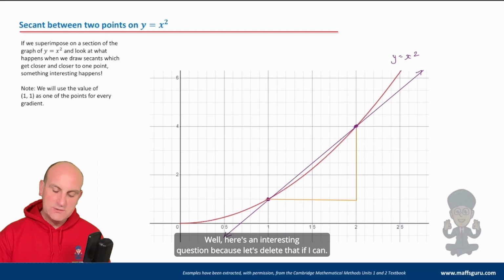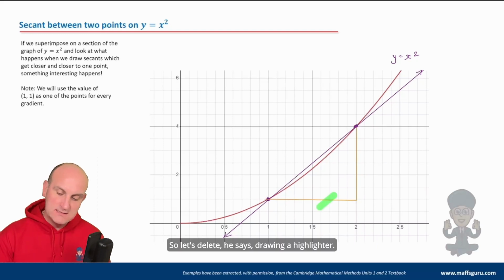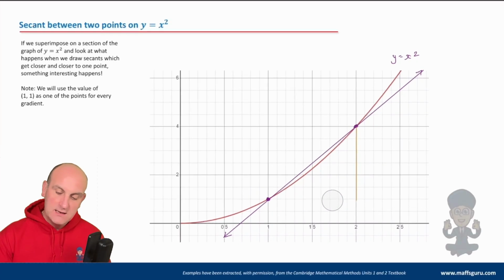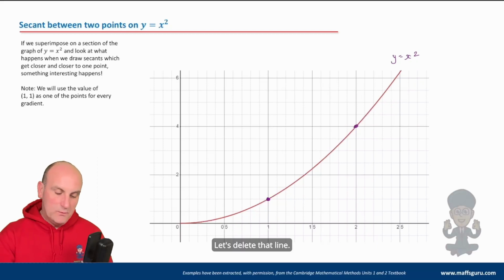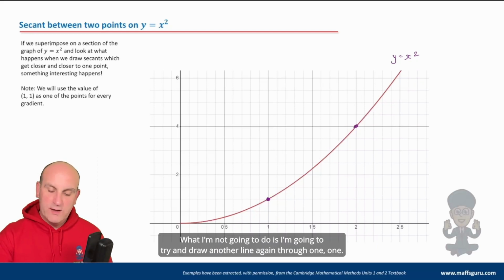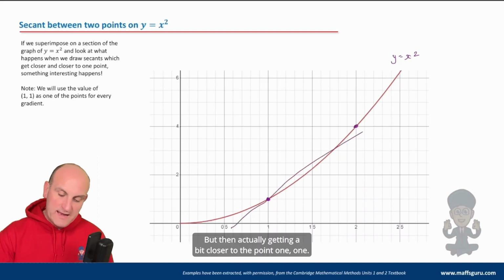Well, here's an interesting question, because let's delete that if I can. So let's delete, he says, drawing a highlighter. Let's delete those. I'm now going to take this line here. Let's delete that line. What I'm now going to do is try and draw another line, again, through (1, 1), but getting a bit closer to the point (1, 1).